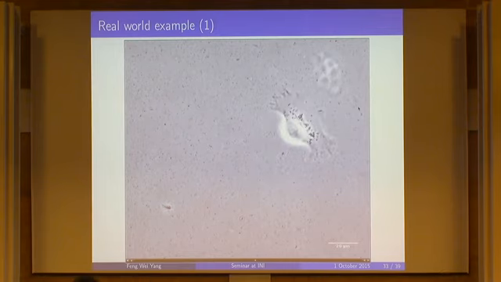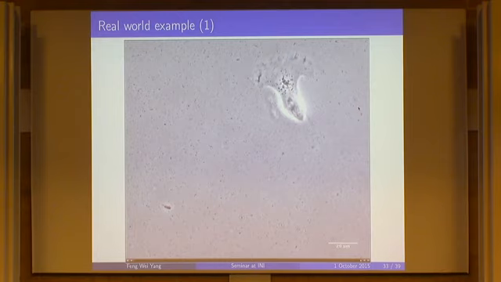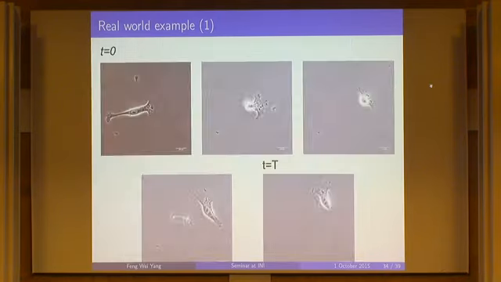Now we're looking at a real-world example, and that is a video, 20 frames of the cytoskeleton, that a French group published. Let's do the simulation. Now we're not just going to do 2 frames, we're going to do 5 frames.